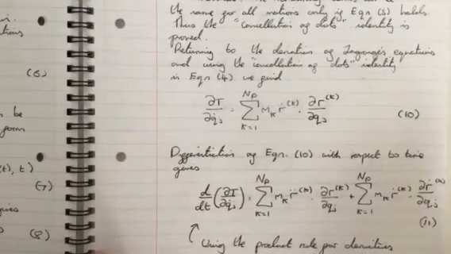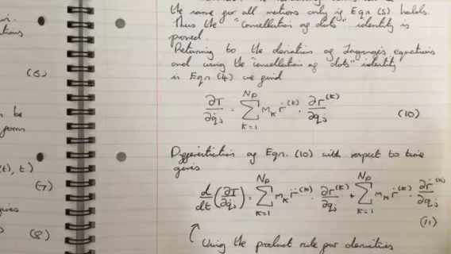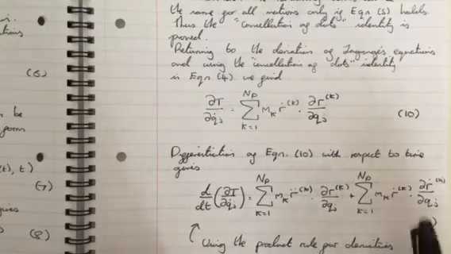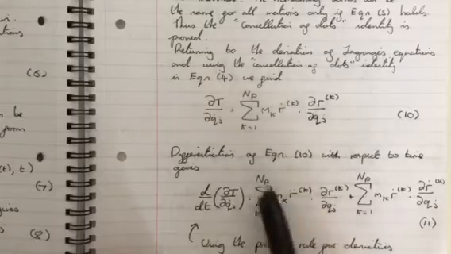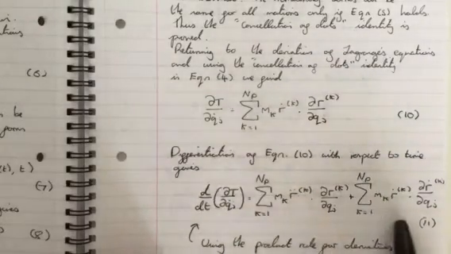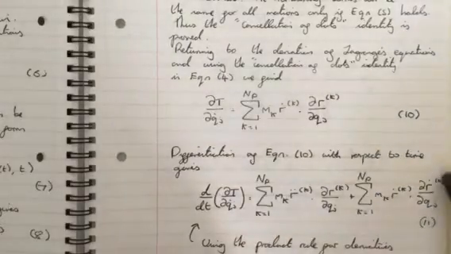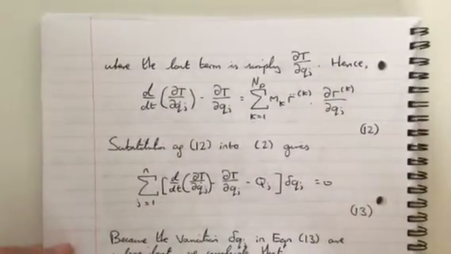I'm trying to think of a way to explain this. We had the partial derivative of t with respect to q dot j gave us this. We take the time derivative, using the product rule, and that gave us this. This term is the partial derivative of t with respect to qj.